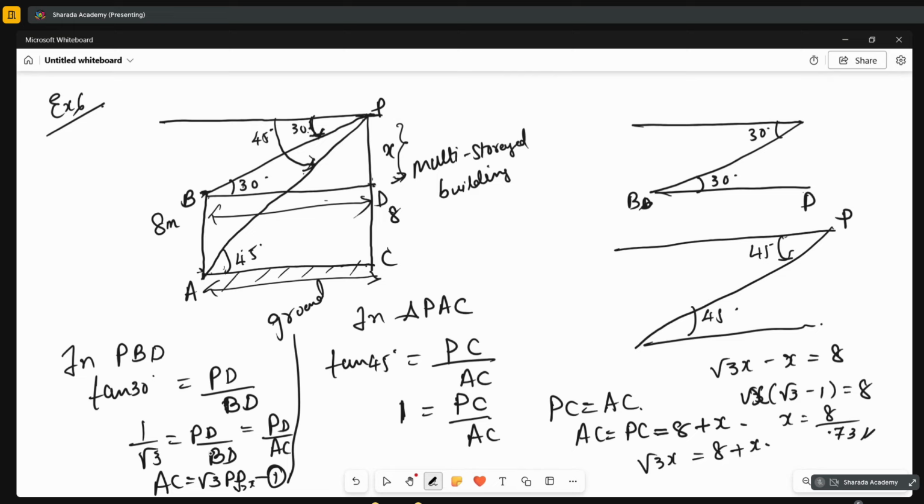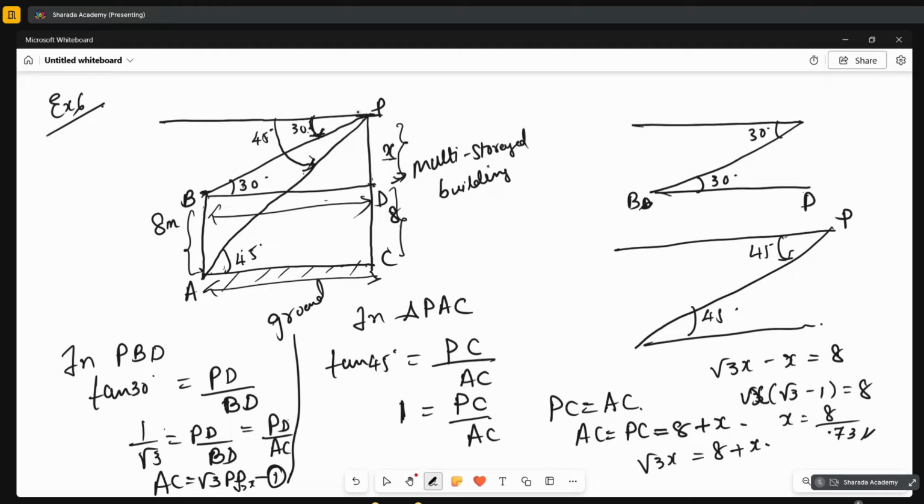BD and AC are equal, so I'll take it as PD by AC. Now AC will be equal to root 3 into PD. Instead of PD, I'll take X, and BA length and CD length should be equal, correct? So this is 8. So AC is equal to root 3 into X.